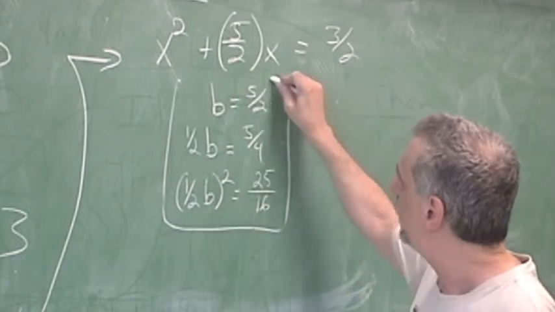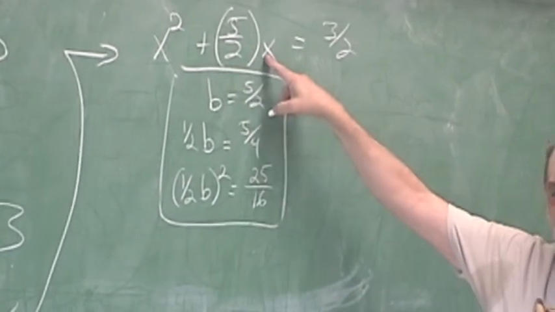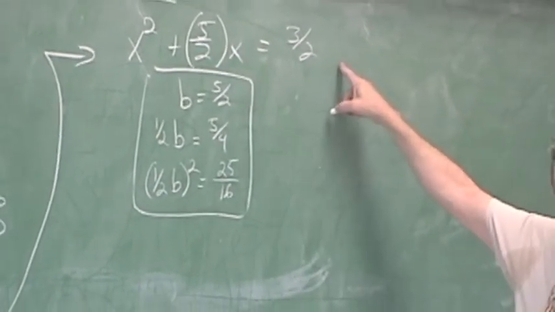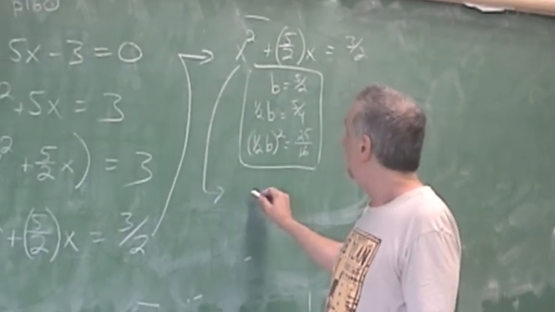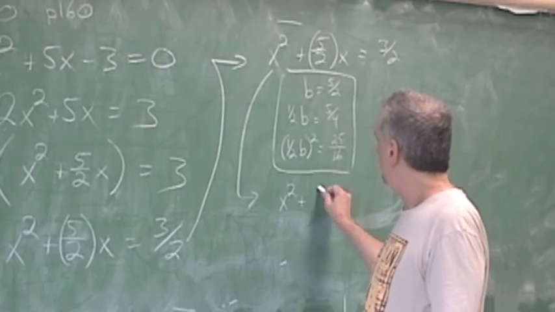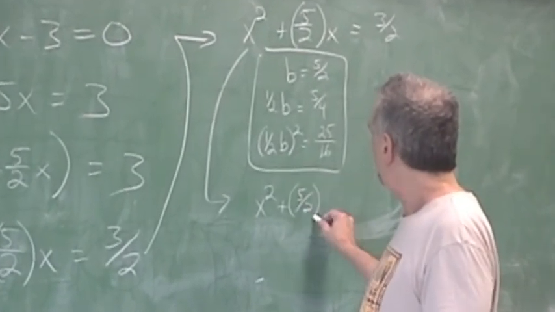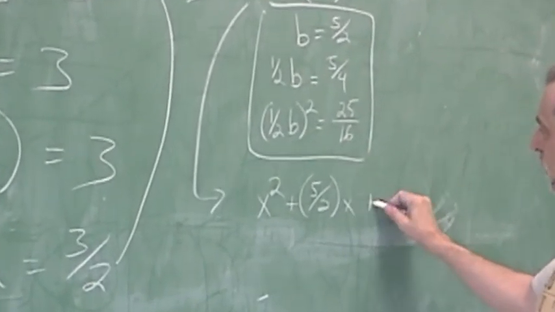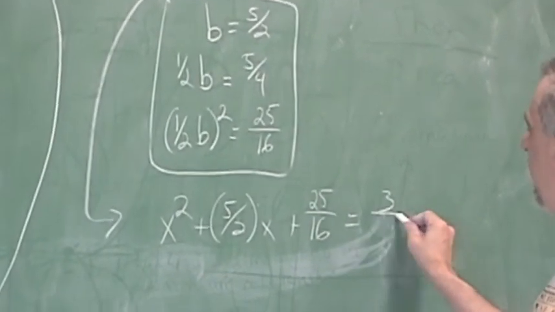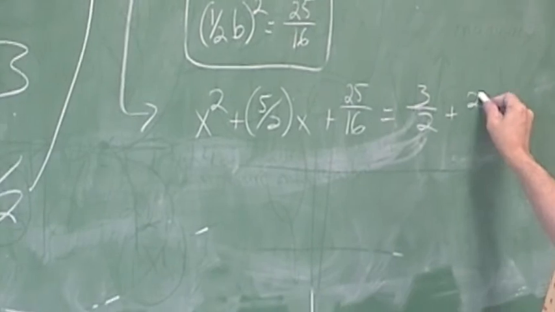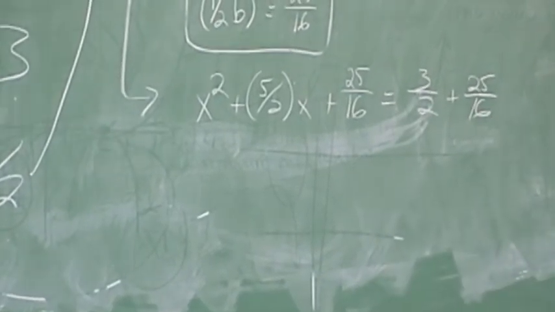So that's the number we're adding to the left-hand side and, of course, the right-hand side. So now we come down here and say x squared plus 5/2 x plus 25 over 16 equals 3/2 plus 25 over 16.